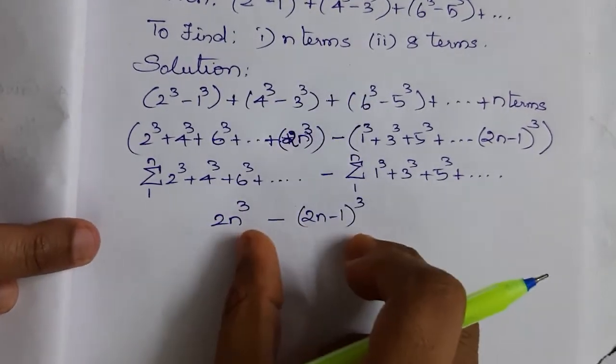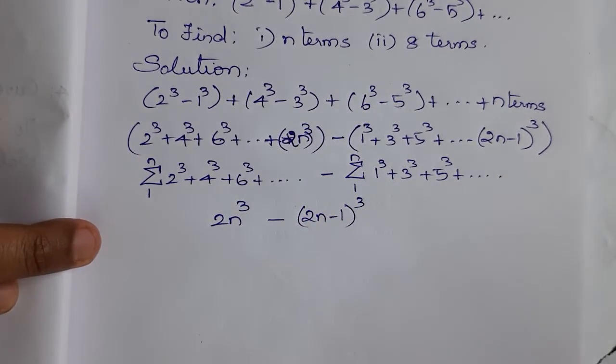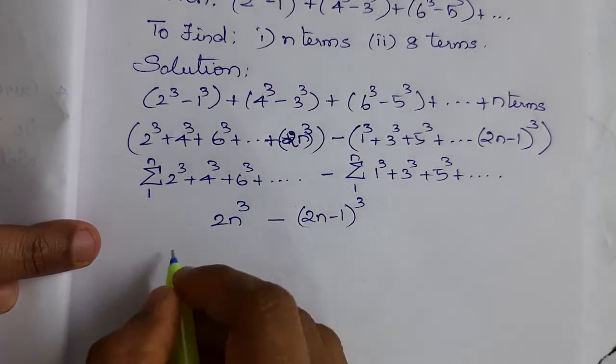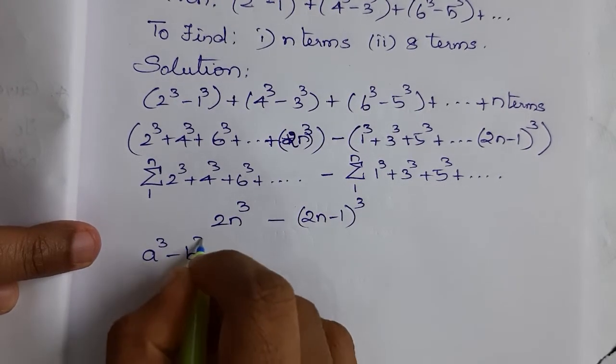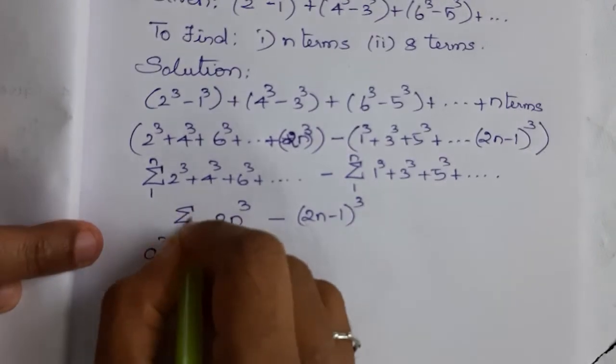Now you could see that this is in the form of a cube minus b cube. We have to use the identity which we have learnt.